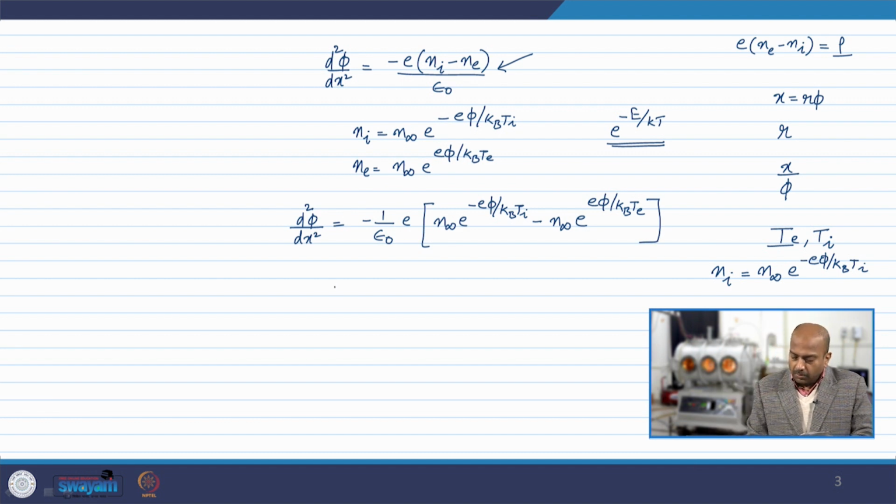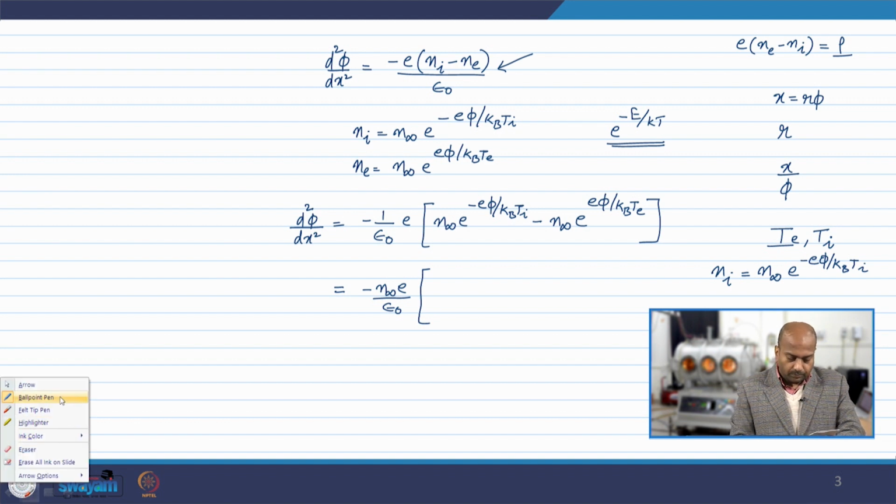Doing some simplification, we can write it as minus n infinity E divided by epsilon naught, taking only the relevant terms.